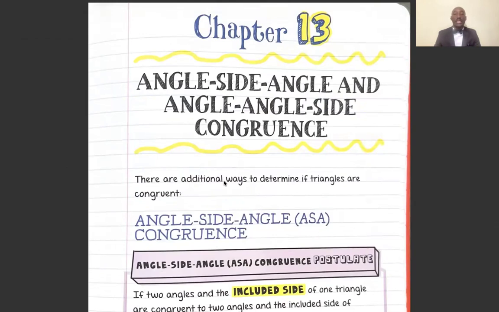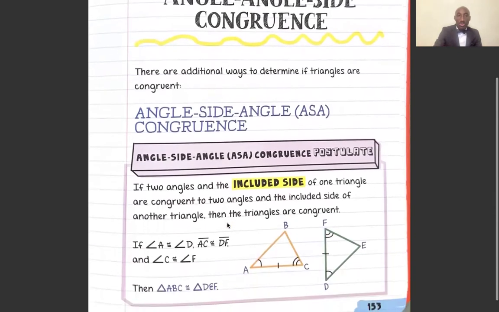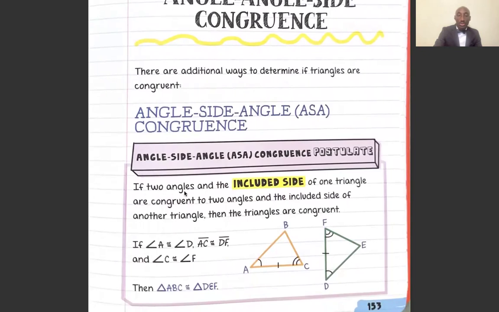And the goal of this is for you all to look at triangles and determine if they're congruent, but have a full toolkit to do so. So angle, side, angle congruence. The angle, side, angle congruence postulate. If two angles and the included side of one triangle are congruent to two angles and the included side of another triangle, then the triangles are congruent.